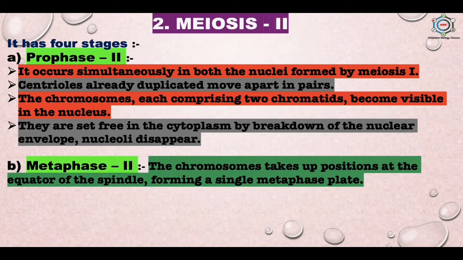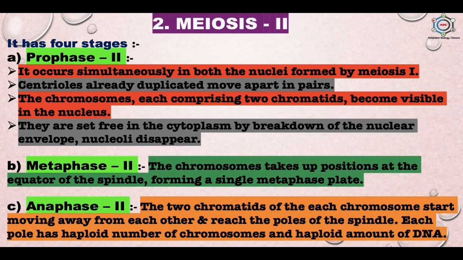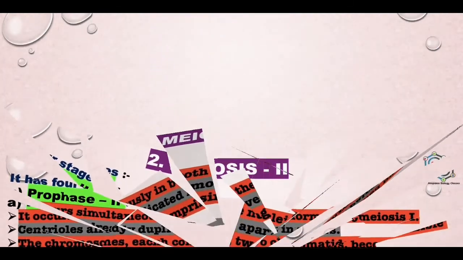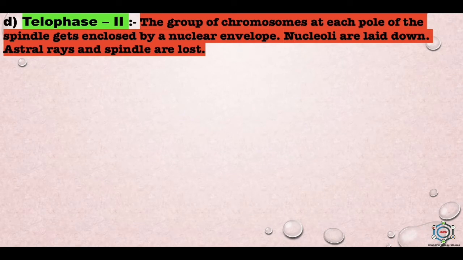Second is metaphase second. Here, the chromosomes take up position at the equator of the spindle, forming a single metaphase plate. Then anaphase second, the two chromatids of each chromosome start moving away from each other and reach the poles of the spindle. Each pole has haploid number of chromosomes and haploid amount of DNA. Now, the telophase second. The group of chromosomes at each pole of the spindle gets enclosed by a nuclear envelope.